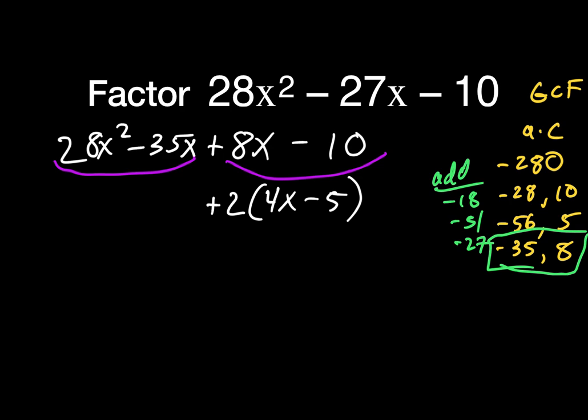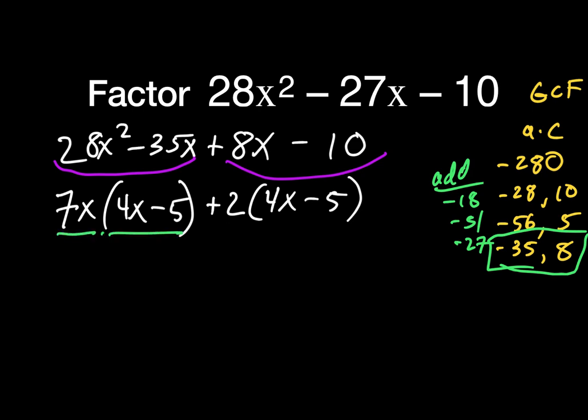For 28x squared and negative 35x, they're both going to have an x coming out of it, and 28 and 35 are divisible by 7. So this will be 7x times 4x minus 5. And again, if I found the right pair, this should happen: they're the same thing.